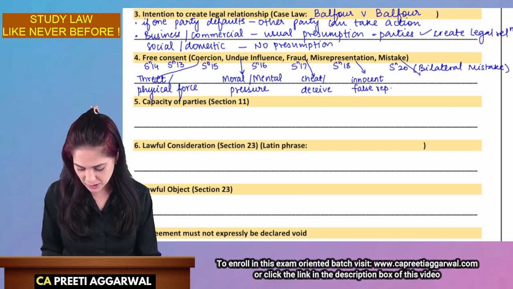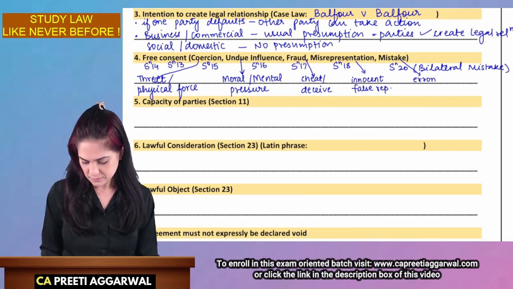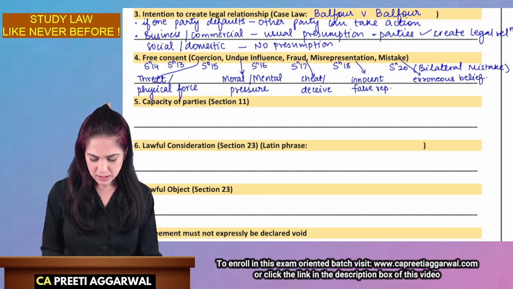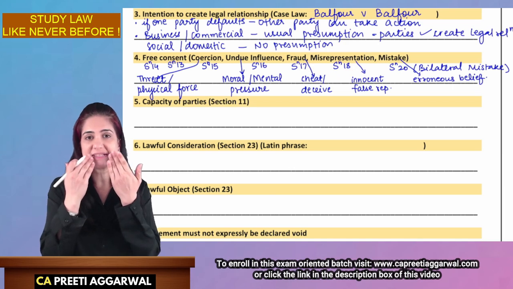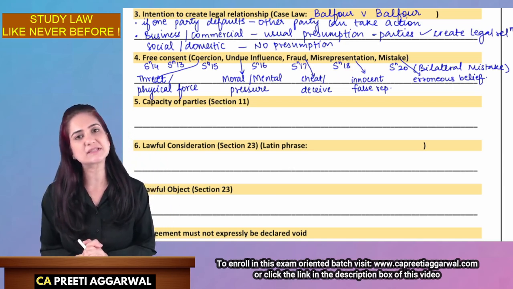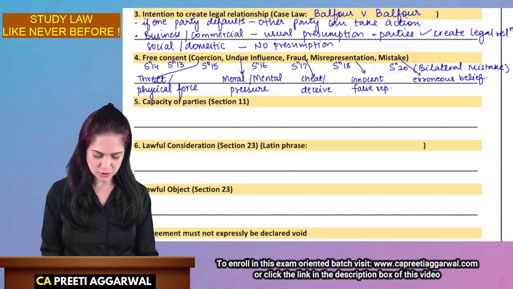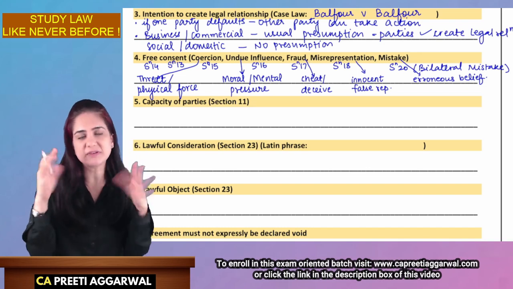What is my keyword in mistake? There is some erroneous belief. In misrepresentation, the party is saying something, representing. In mistake, they both understand different things in different senses. Here, there is no representation. You're not saying something. Both are understanding something very different.